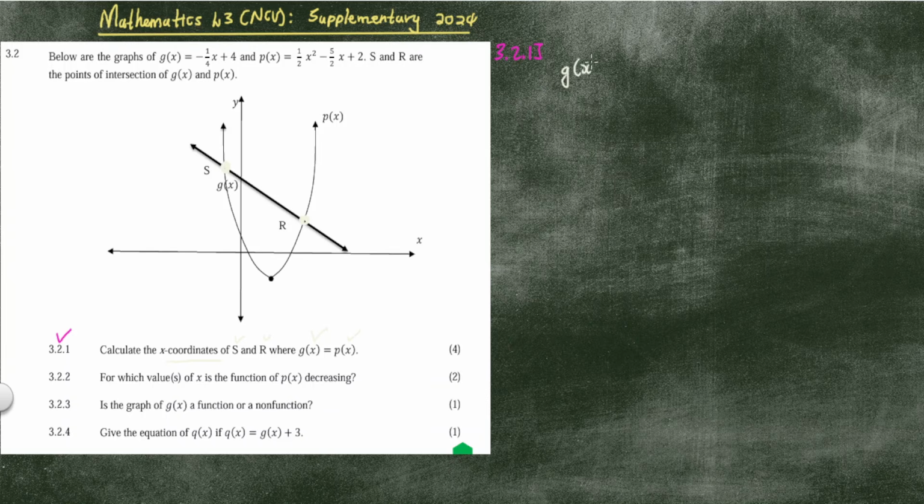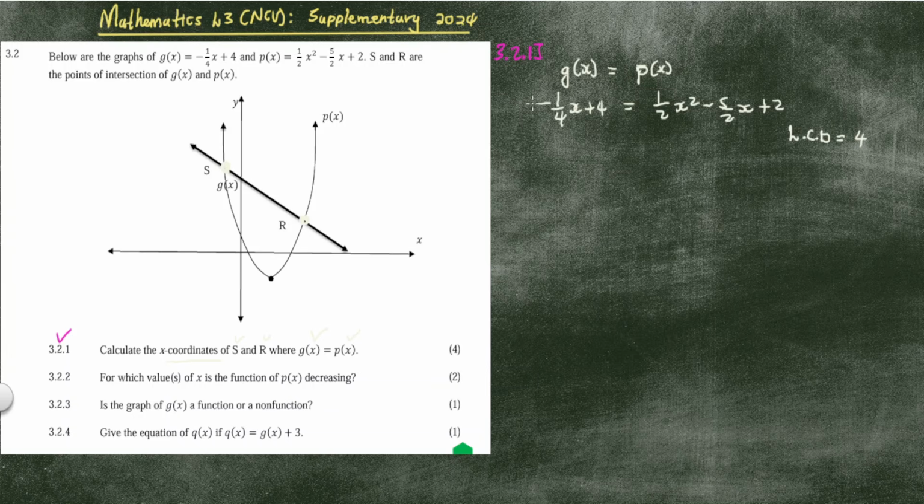We're gonna say g of x is equal to p of x. What is g? Minus 1 over 4 x plus 4 equals 1 over 2 x squared minus 5 over 2 x plus 2. To simplify this, we have to find the LCD, which is 4, by the way.